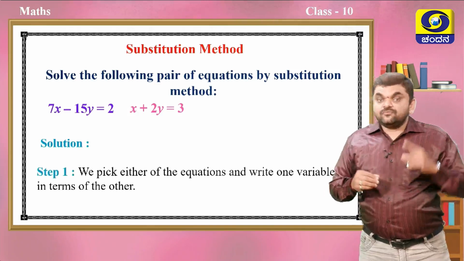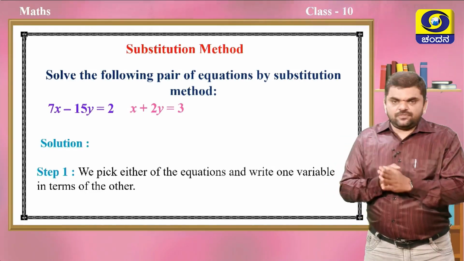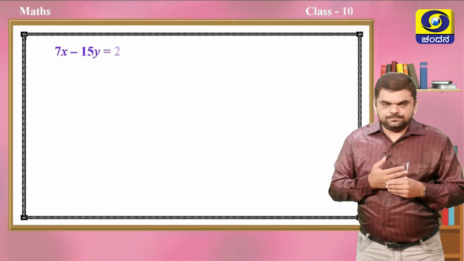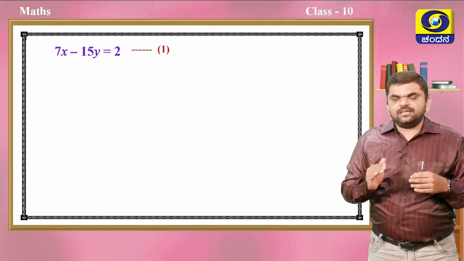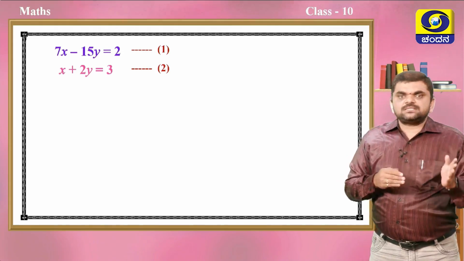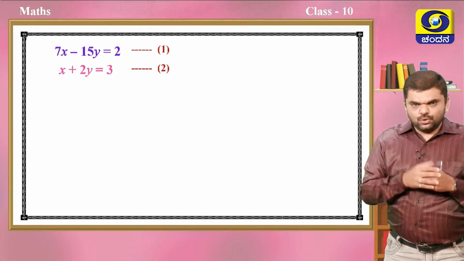Solution. First what we have to do, we pick either of the equations and write one variable in terms of another variable, which means we have to write x in the form of y or y in the form of x. Let's check. We have 7x minus 15y is equal to 2, that is equation number 1. x plus 2y is equal to 3, that is equation number 2.